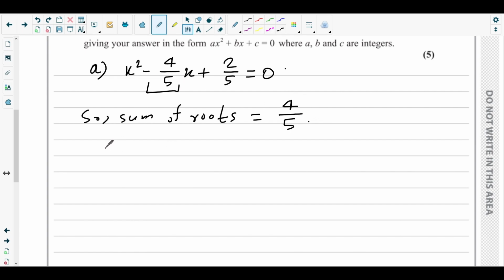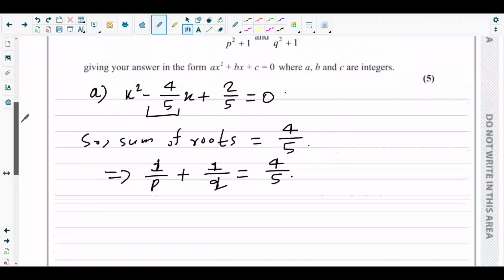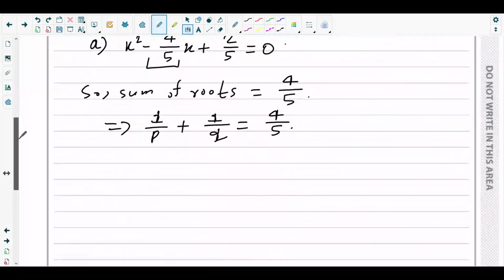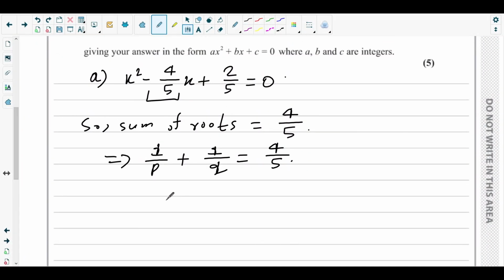So we can write 1 over p plus 1 over q equals 4 over 5. Let's take the LCM, that is pq. So q plus p over pq equals 4 over 5.